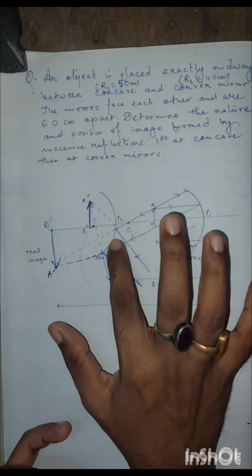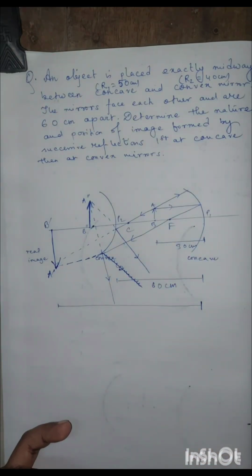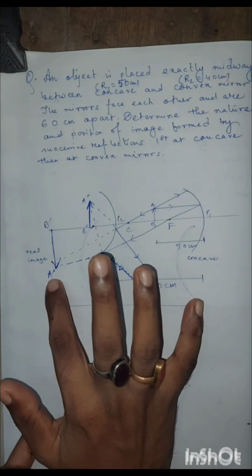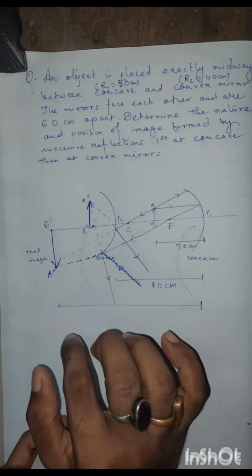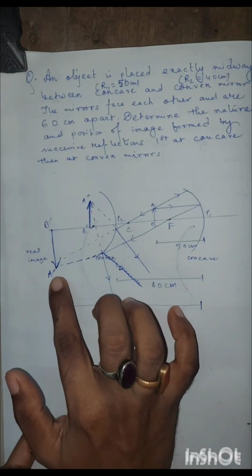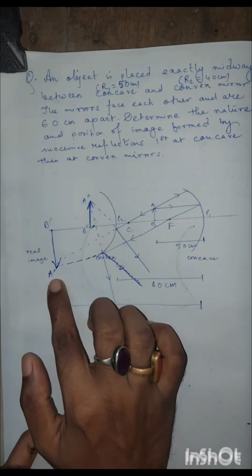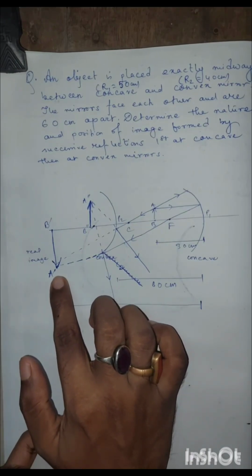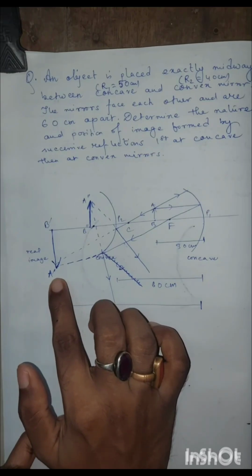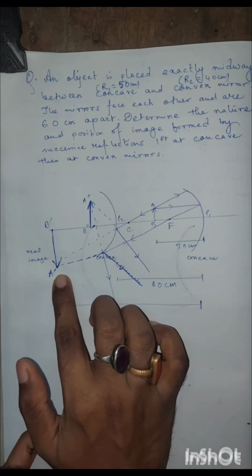For the second reflection, that is the reflection from the convex mirror, A dashed B dashed will be a virtual object. This will behave like an object, a virtual object.